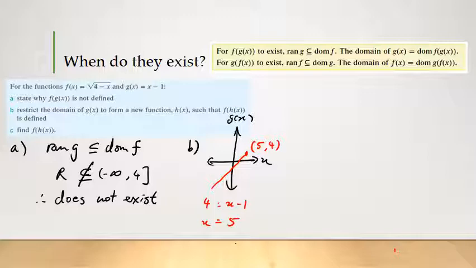So long as we set h of x to be equal to the same function, however x can only go from negative infinity to 5, this works.